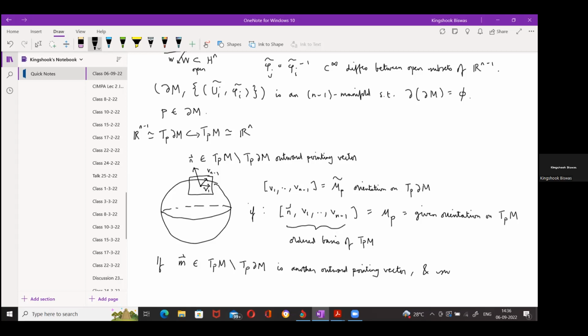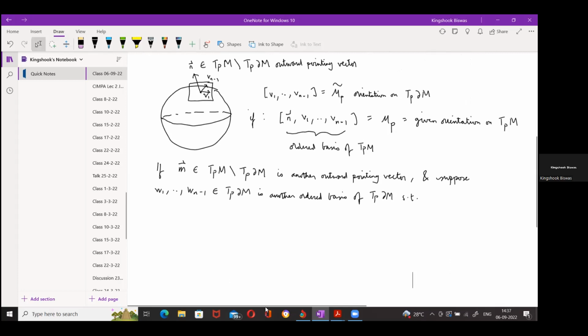And suppose w1 to wn minus 1 is another ordered basis of TP boundary M, such that this m, w1 to wn minus 1, the equivalence class of this is also equal to mu p.